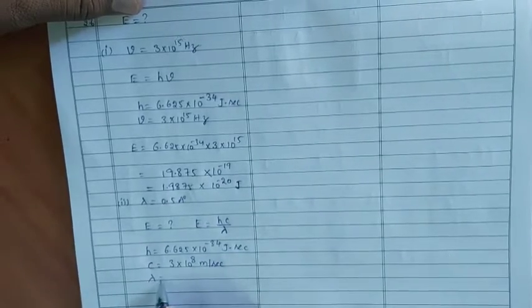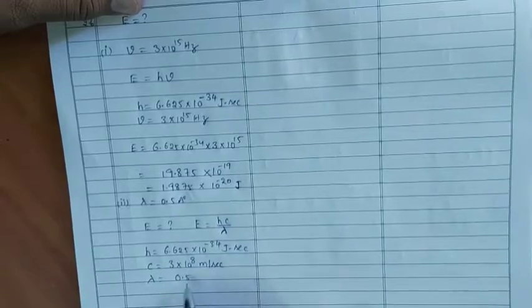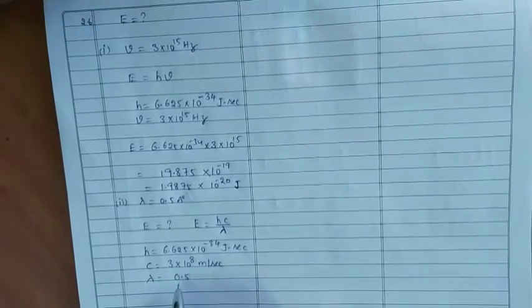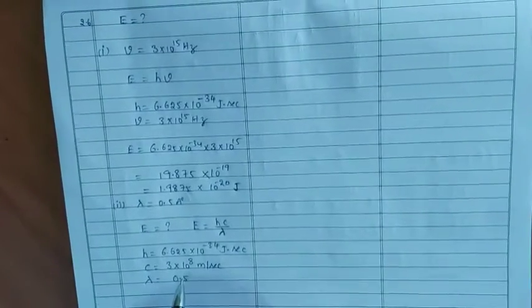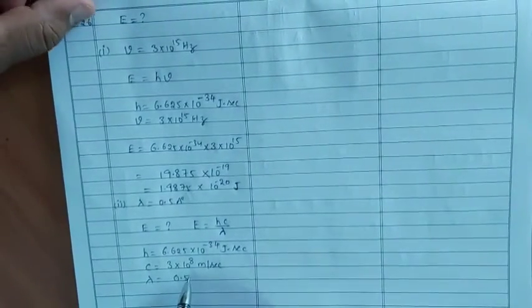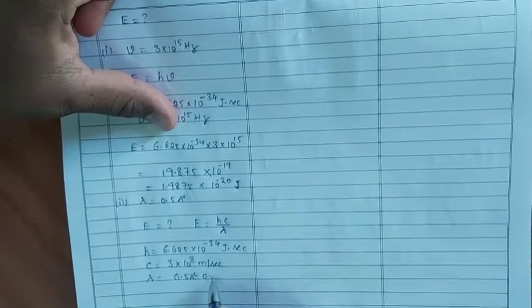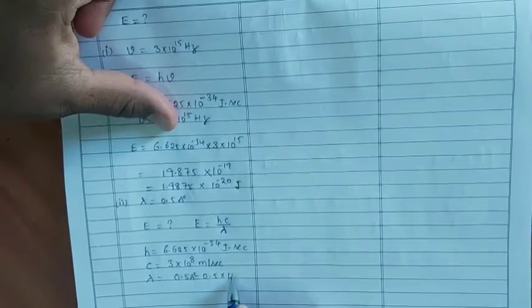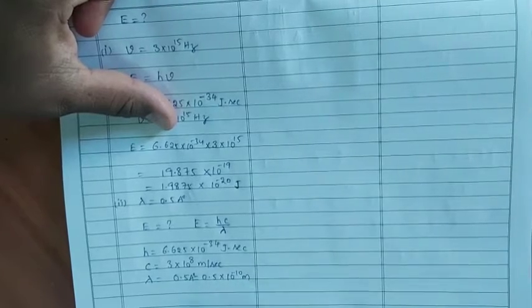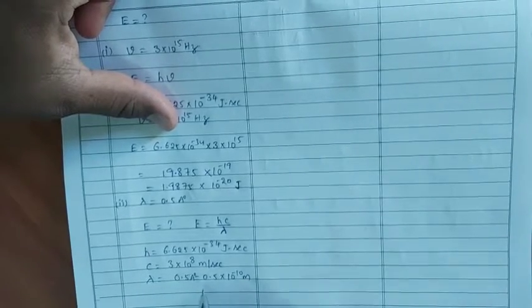Next, lambda is equal to 0.5 angstroms they give. I am going to convert that angstrom into meters. Lambda is equal to 0.5 into 10 power minus 10 meters.